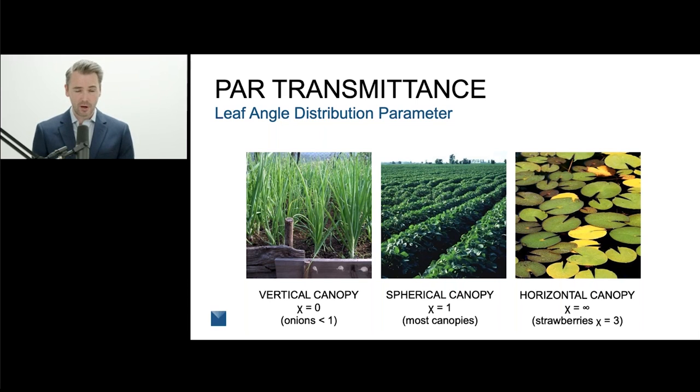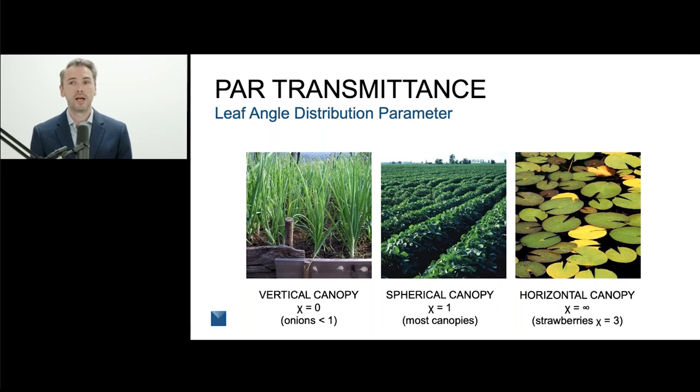And lastly, before we talk about why this matters, I want to just draw your attention to the picture in the middle, where it says a spherical canopy, chi equals 1. That doesn't mean the canopy shape is spherical. It just means the angular distribution is said to be spherical. That means you have a perfectly even distribution of horizontal to vertical components of your leaf angle.